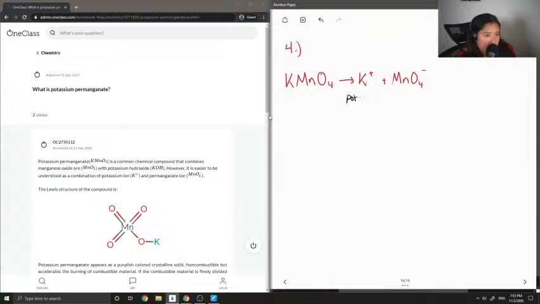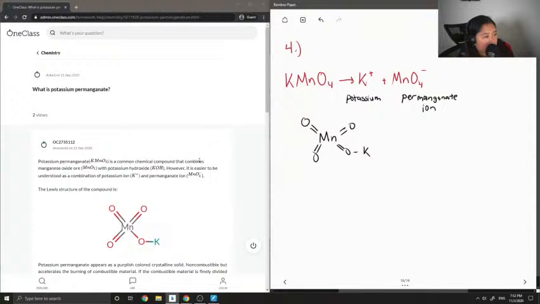This is a potassium ion, and this is a permanganate ion. I'll also draw out its structure: manganese bonded with 4 oxygens and a single potassium.